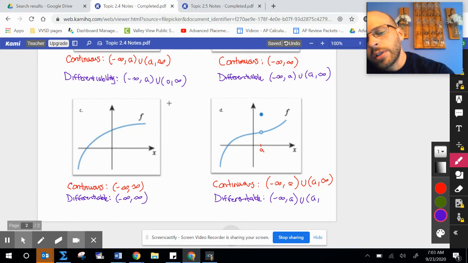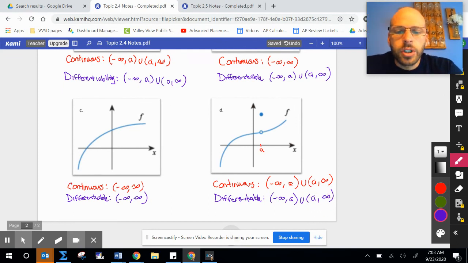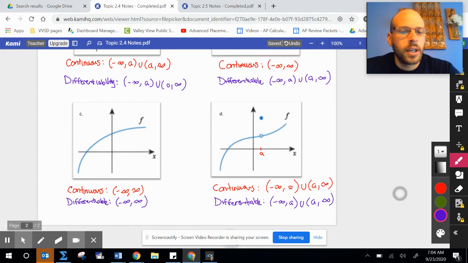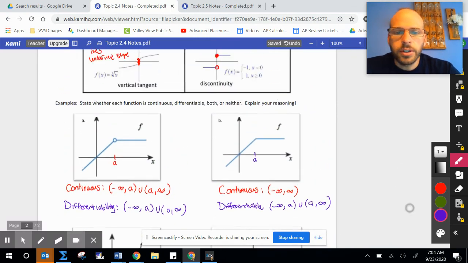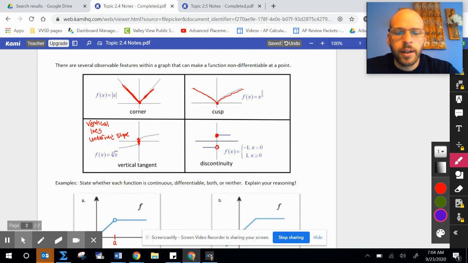Again, we would have to exclude a from our interval of differentiability, just because you can't be differentiable if it's not continuous. So if it got excluded from our interval of continuity, it cannot be part of our interval for differentiability. So again, anywhere there's corners, cusps, vertical tangents. So here's a picture of what those look like. All right.